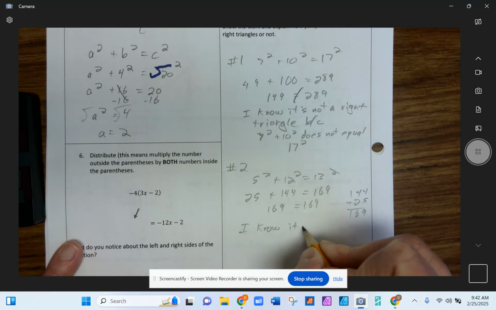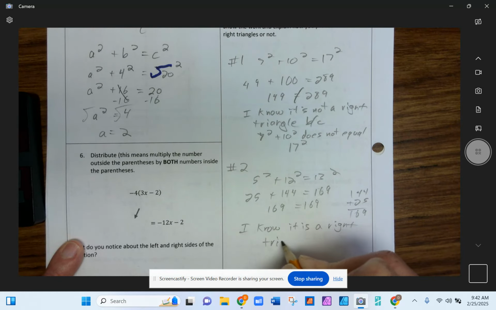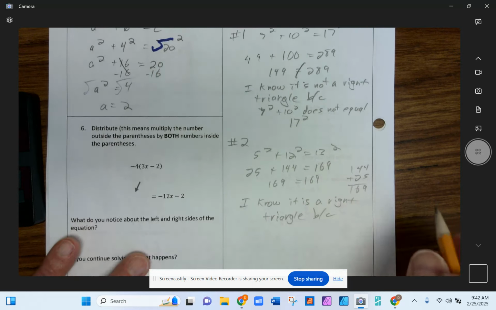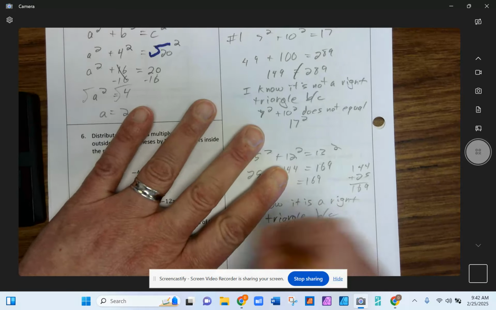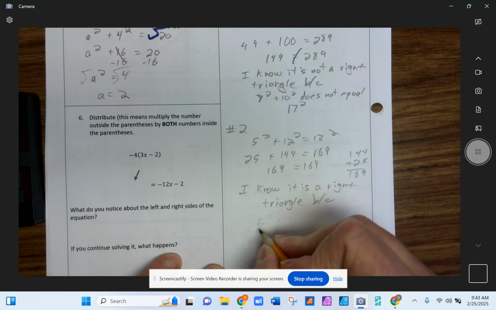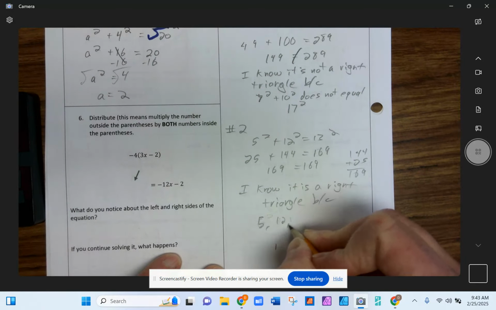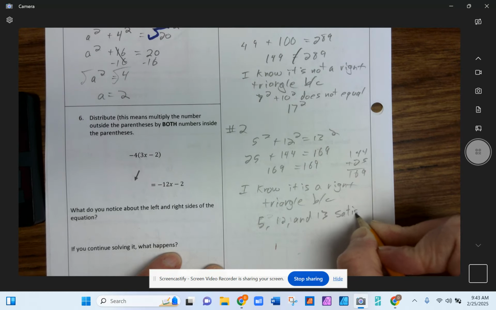So I know it is a right triangle because 5, 12, and 13 satisfy the Pythagorean theorem.